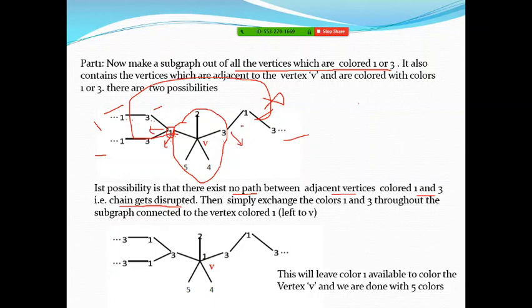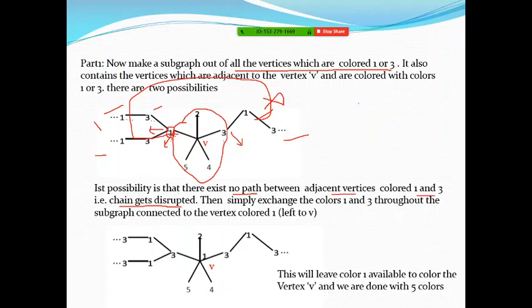So don't change the colors on this side, towards the left of V. So it is 1 3 1 3. I don't know how many pairs there are of this 1 3 1 3, but some pairs are there. So just assign color 3 to 1 and 1 to 3. Simply exchange the colors.